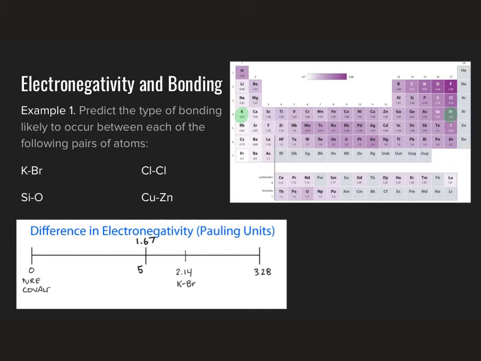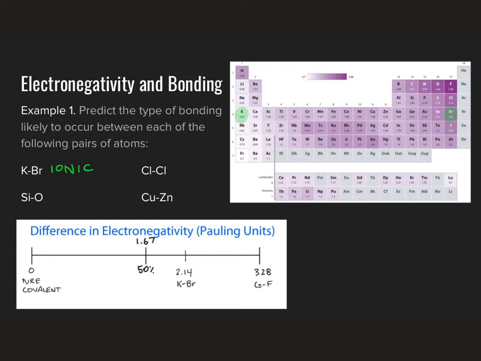And we see there that the potassium-bromine bond falls towards the more ionic end of the spectrum. So this potassium-bromine bond, we would generally consider to be a mostly ionic bond with a small degree of covalent character because that potassium atom can still attract the electron which it's given up. Second example right here is a chlorine-chlorine bond.